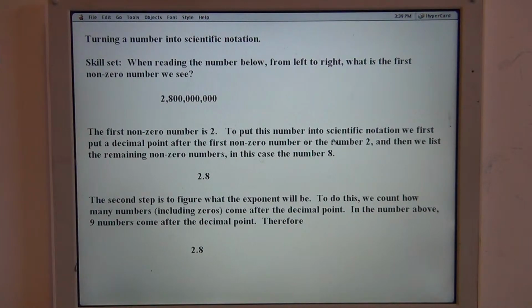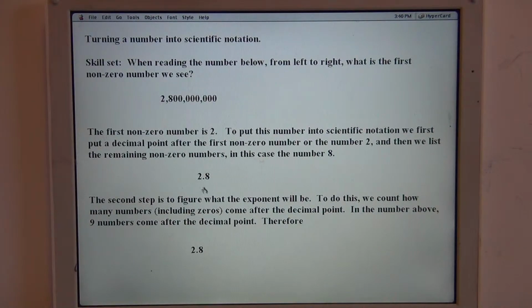To put this number into scientific notation, we first put a decimal point after the first non-zero number, 2. So we have 2, and then a decimal point after it. And then we list the remaining non-zero numbers. In this case, it's just the 8.